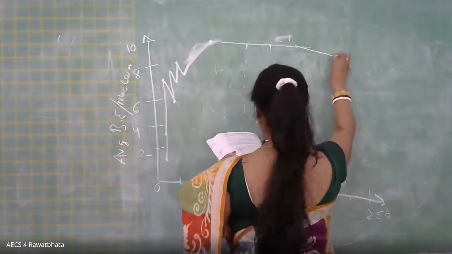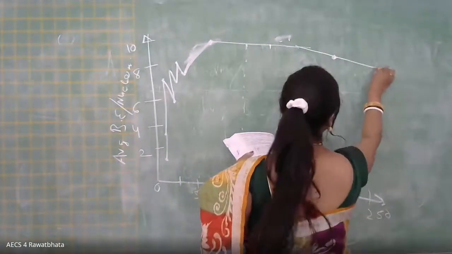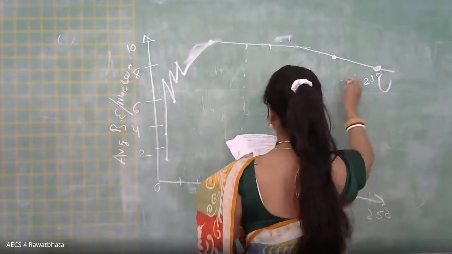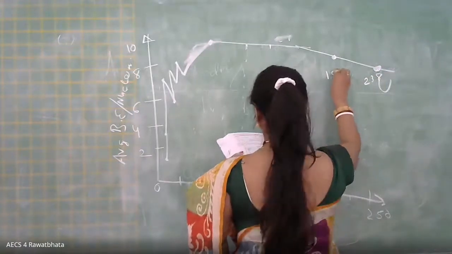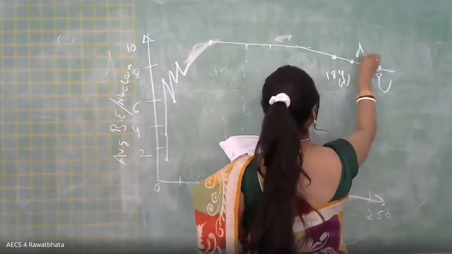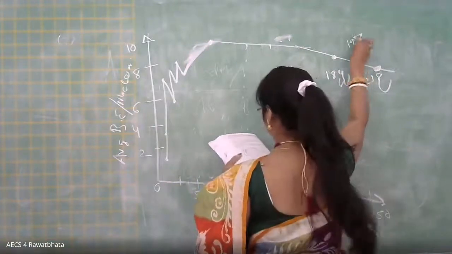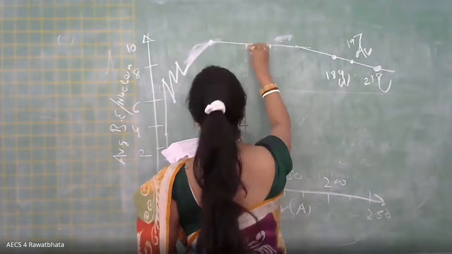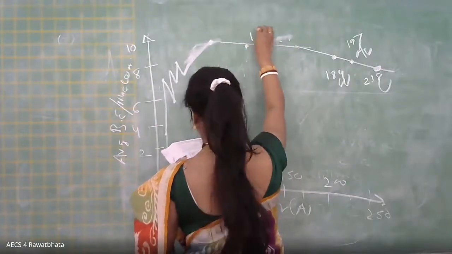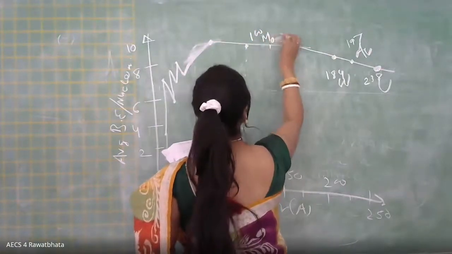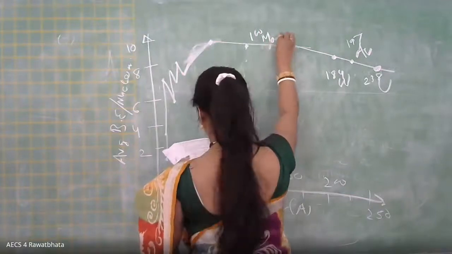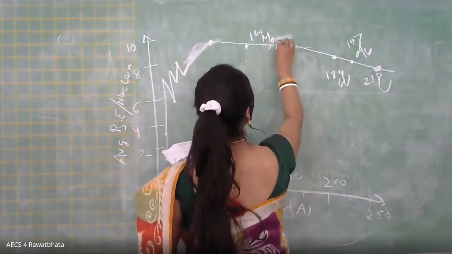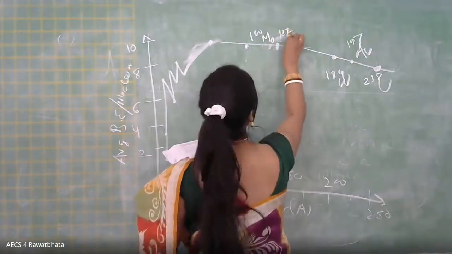The range will decrease and further it will decrease for uranium. 127 somewhere here, this iodine part.